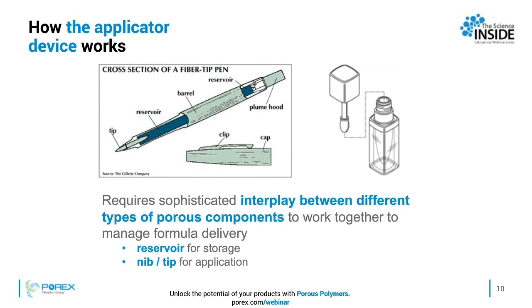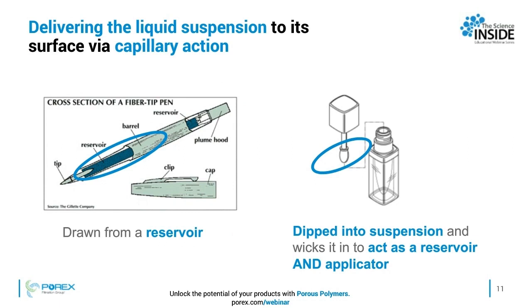An applicator delivers the liquid suspension to its surface via capillary action. Generally, the suspension is drawn from a reservoir, but in some cases, the applicator is actually dipped into the suspension and wicks it in to act as a reservoir as well as an applicator, as seen from the images here.